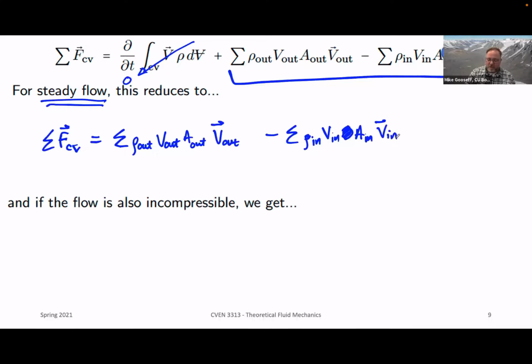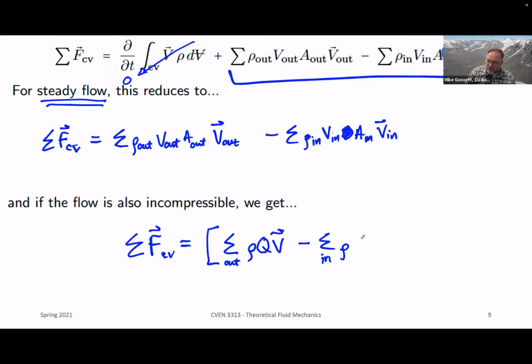If it's also incompressible, then we take this one step further, and we could simply say that the sum of the forces acting on the control volume is equal to a really simple relationship here: the sum over all outflows of rho times Q times the velocity vector, minus the sum over all inflows of rho times Q times the velocity vectors associated with those.